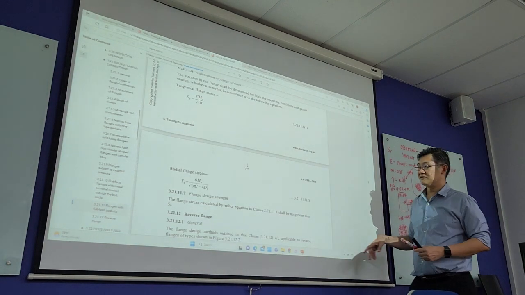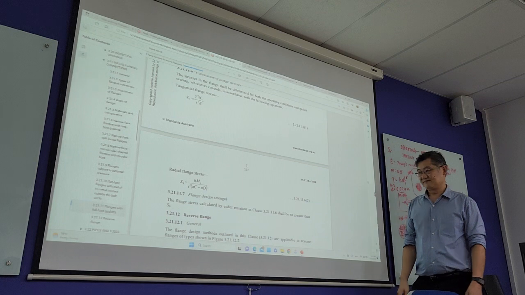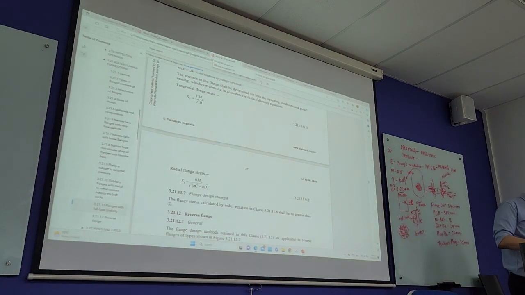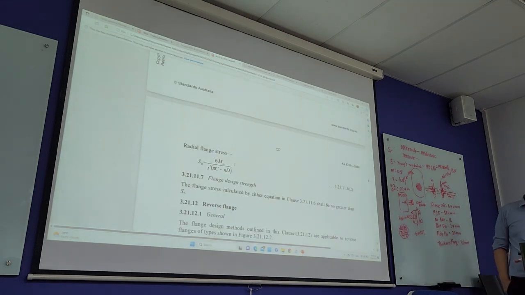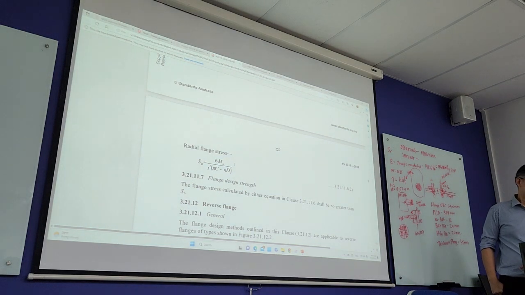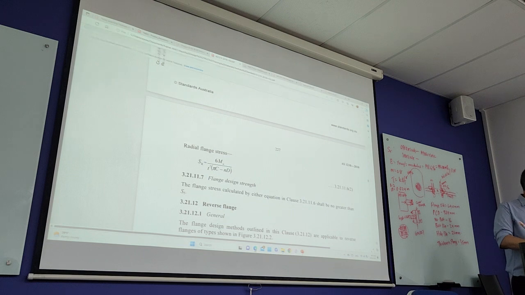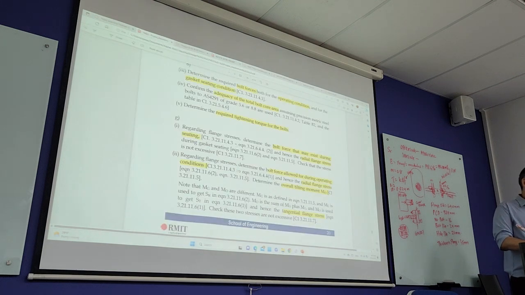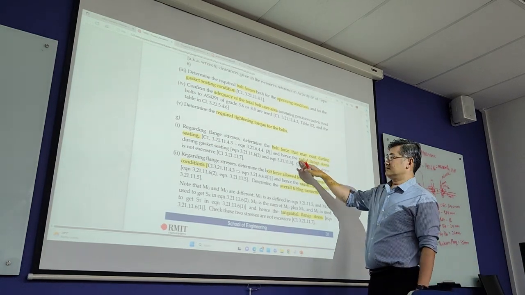So we use this formula for the radial flange stress. So over here, this is for the seating.